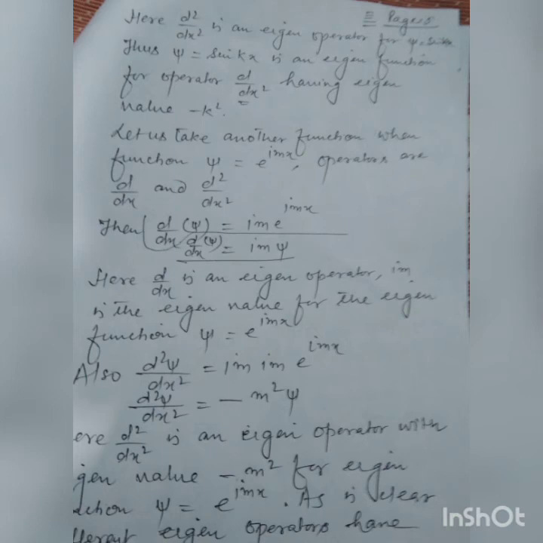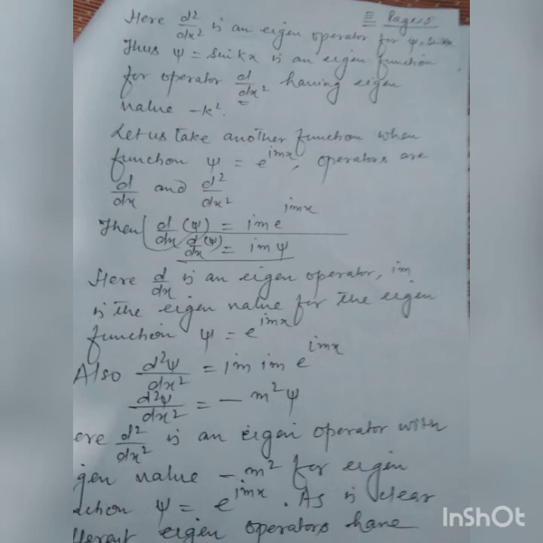Let us take another function, psi equal to e to the power imx, with operators d by dx and d square upon dx square. Then d by dx of psi, taking the power, is d psi upon dx equal to im psi.